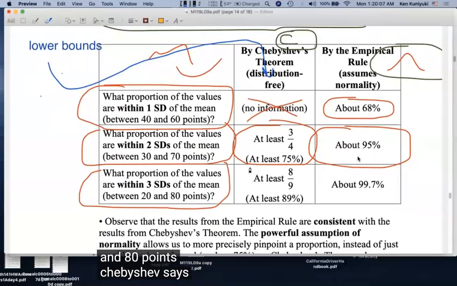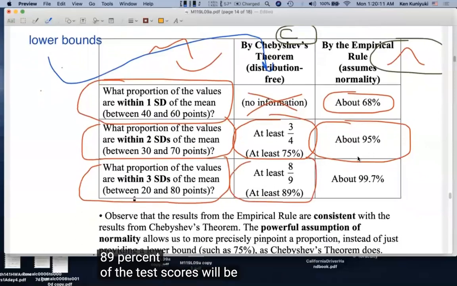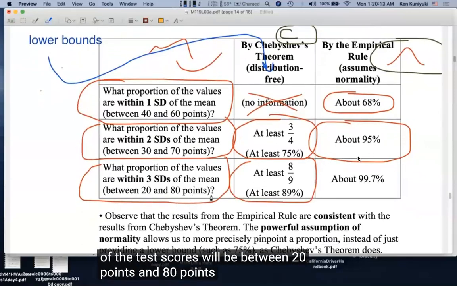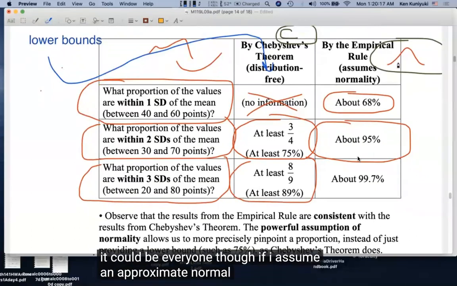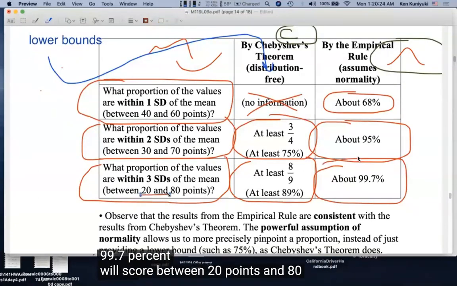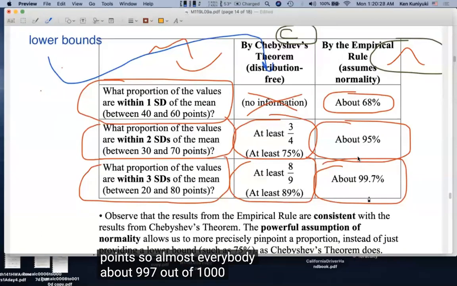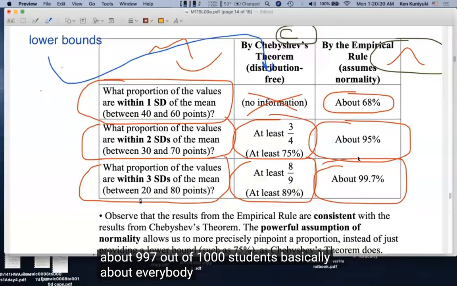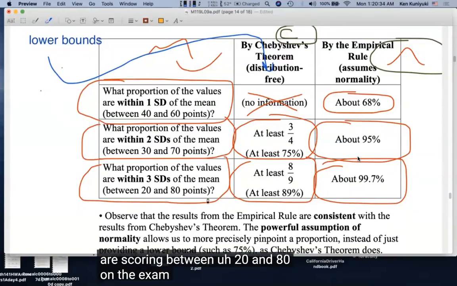Chebyshev says at least 8/9 or at least 89% of the test scores will be between 20 points and 80 points. It could be everyone though. If I assume an approximate normal bell shape, about 99.7% will score between 20 points and 80 points. So almost everybody, about 997 out of the 1,000 students, are scoring between 20 and 80 on the exam.